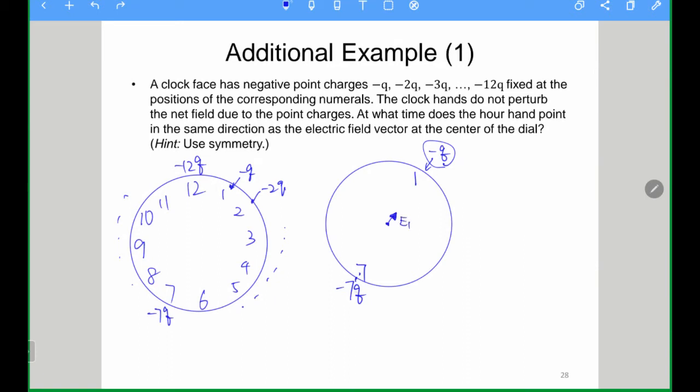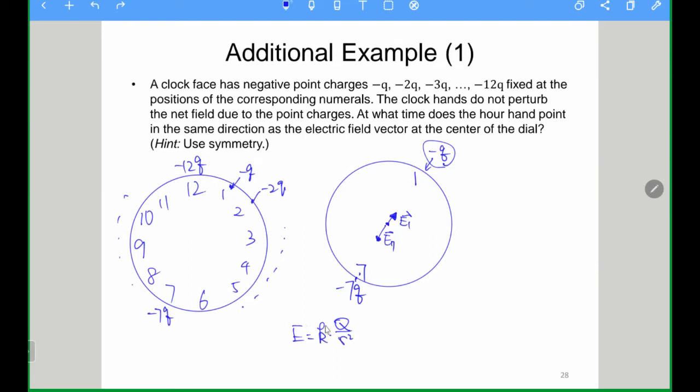And the negative 7Q will generate an E field pointing in the opposite direction. As we know, the E field is K times Q over R squared. A clock face is a perfect circle, so for every charge the R is the same.